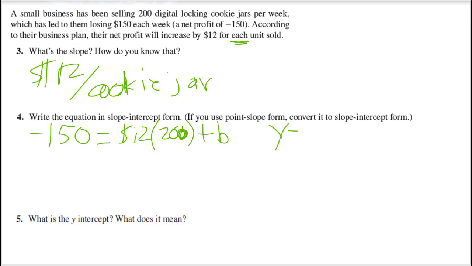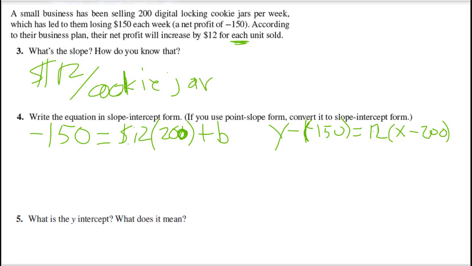So y minus negative 150. It's important that we do that. Equals 12 times x minus 200. So if we use our point slope form, we have to change it to the slope intercept form.